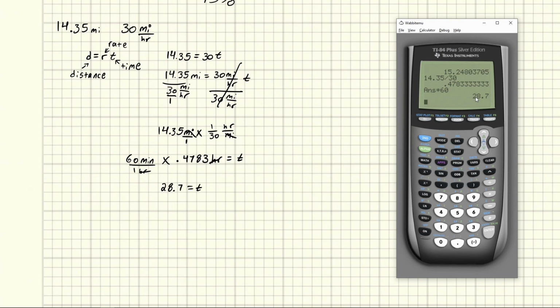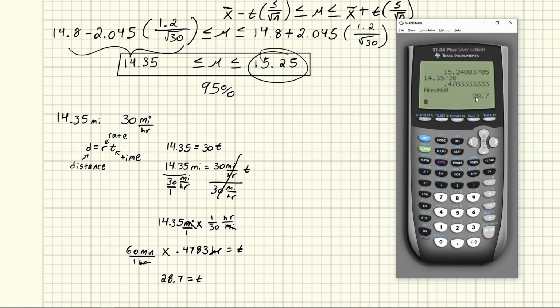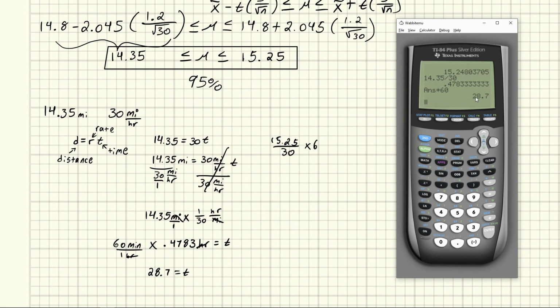That's the lowest drive. Now for the second one, we can speed this up quite a bit. We're just going to do the same thing. So it's going to be the upper value, which we call our upper value, 15.25. So we're going to do 15.25 divided by 30 times 60, because that's what we did earlier, right? We divided by the miles per hour, we multiplied by 60, and this is going to give us our time in minutes.